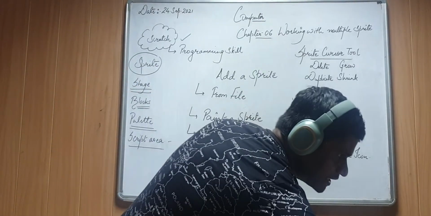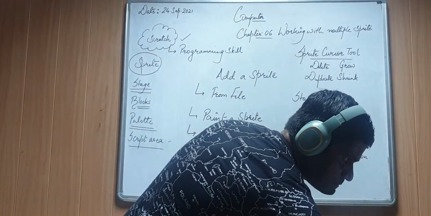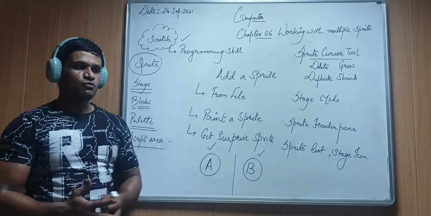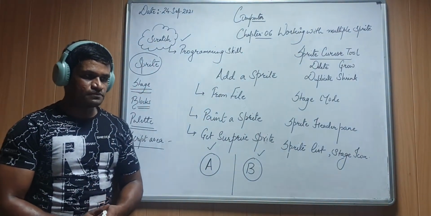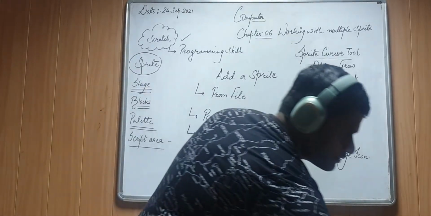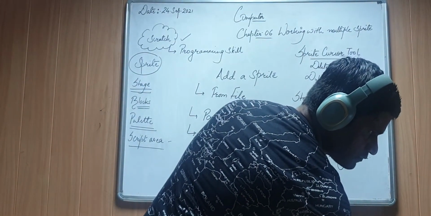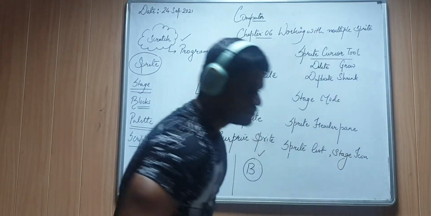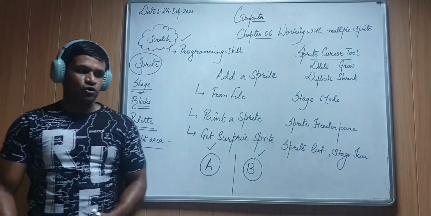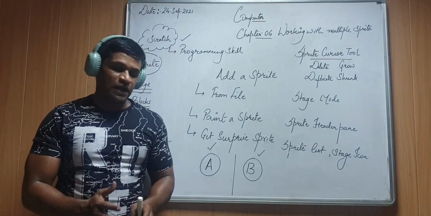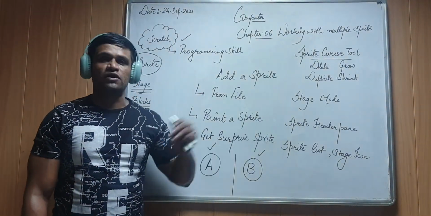Then we have changing the position or location of a sprite. Simply, we have to use the motion block, the control block or the loop block. These blocks help a sprite to move from one place to another.